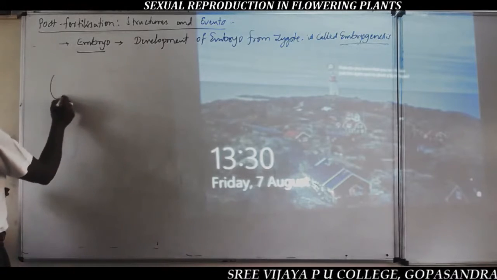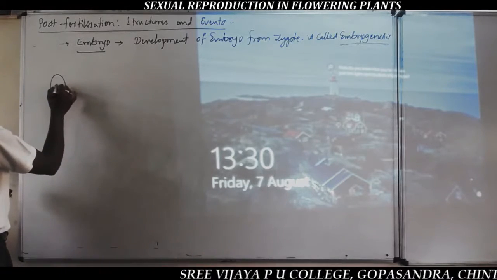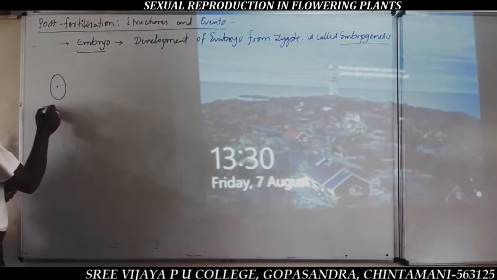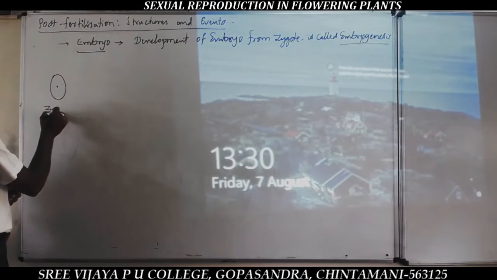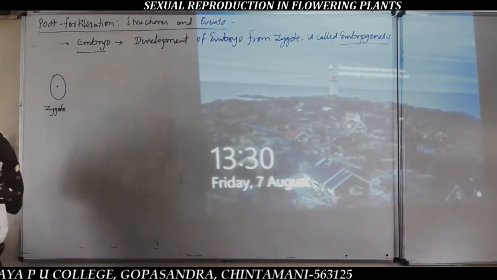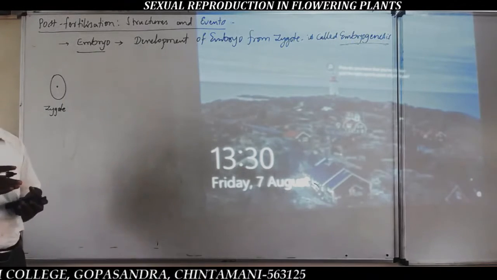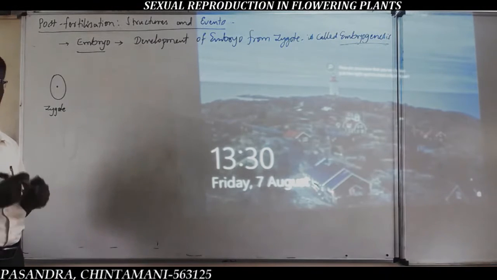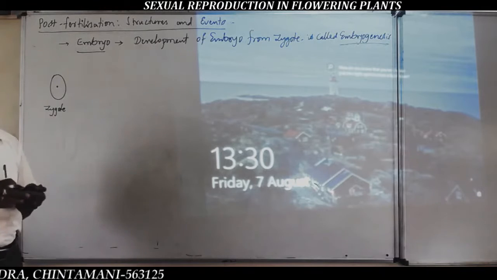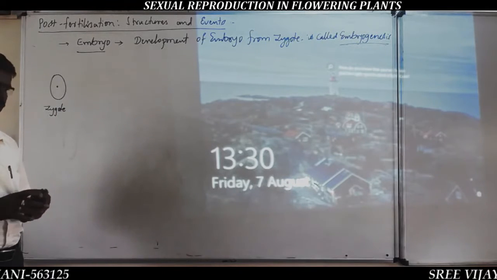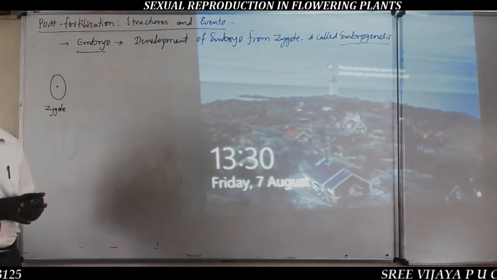For example, it is the zygote. The zygote is formed in the fertilized embryo sac. So in the embryo sac, fertilization happens and the zygote is formed. From there we consider the zygote.